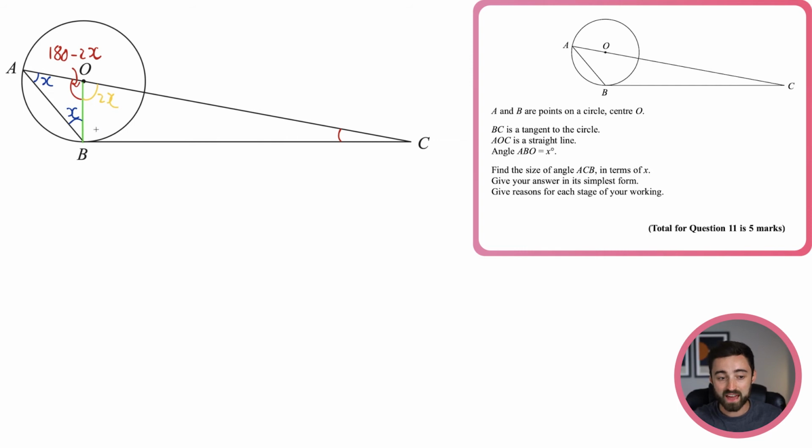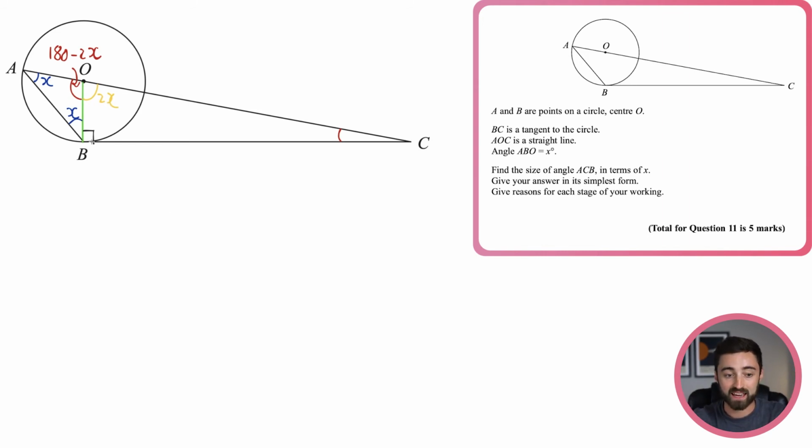If only we knew this, we'd be sorted, wouldn't we? Well, this is where another circle theorem comes in. So OB is a radius and BC is a tangent. Now you should know that a radius and a tangent are always perpendicular. Therefore, this angle is a right angle, which we know is 90 degrees. So at this point, we are laughing because OBC is a triangle. It adds up to 180, okay? And what have we got?